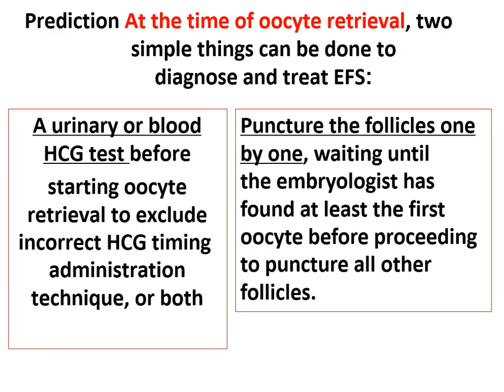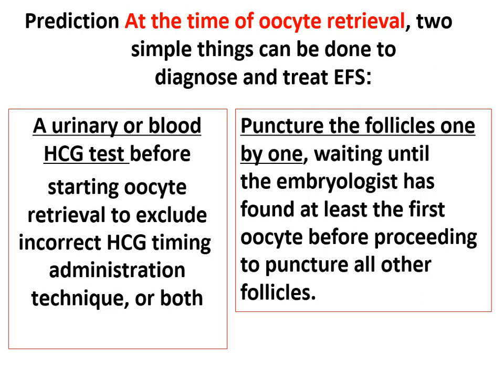So also you can predict empty follicle syndrome at the time of oocyte retrieval by two simple things you can do, and to diagnose and treat empty follicle syndrome. You can do a urinary or blood HCG test before starting oocyte retrieval to exclude incorrect HCG timing administration technique.